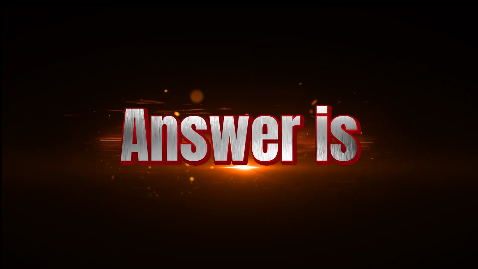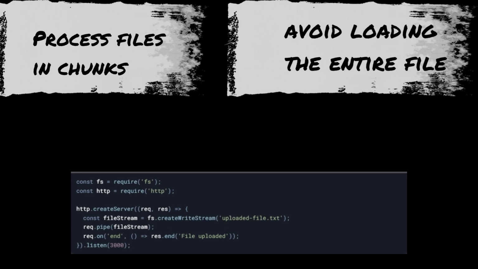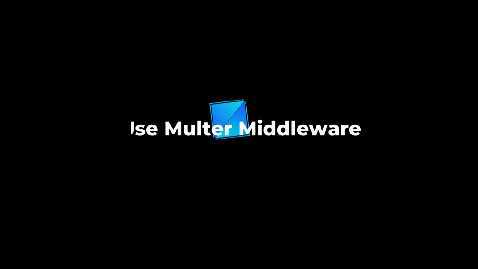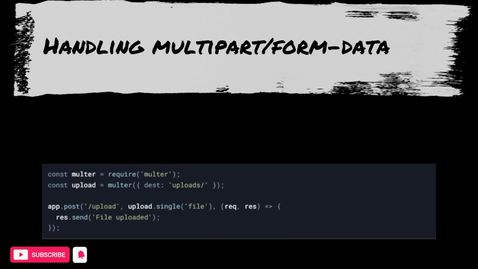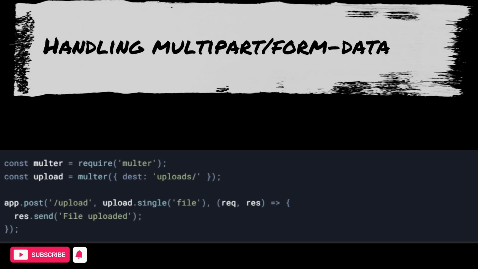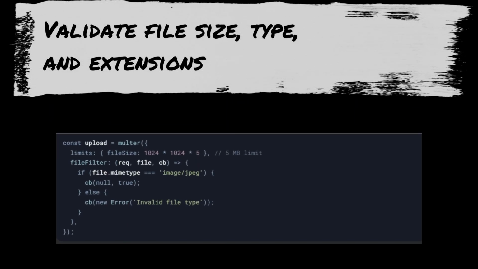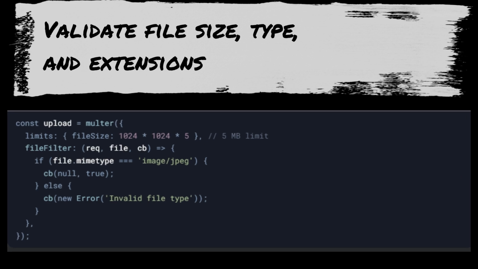Answer is: use streams. Process files in chunks using streams to avoid loading the entire file into memory. Use Multer middleware. Multer simplifies handling multipart form data for file uploads. Validate files. Validate file size, type, and extensions to prevent malicious uploads.